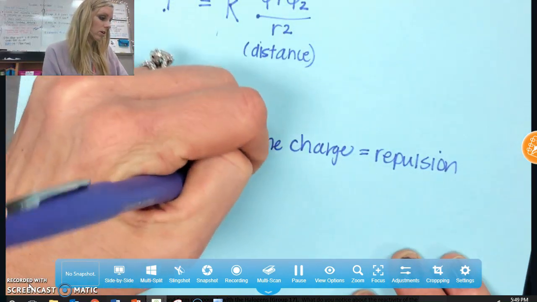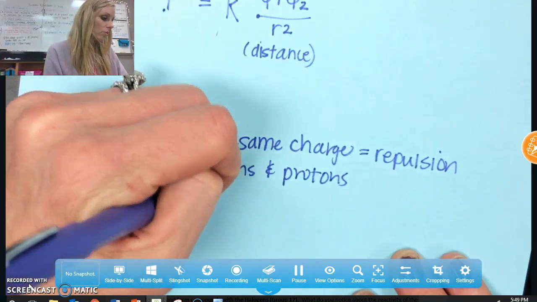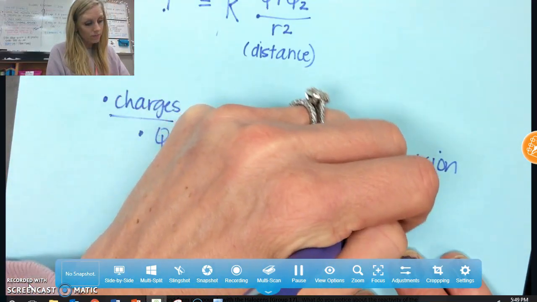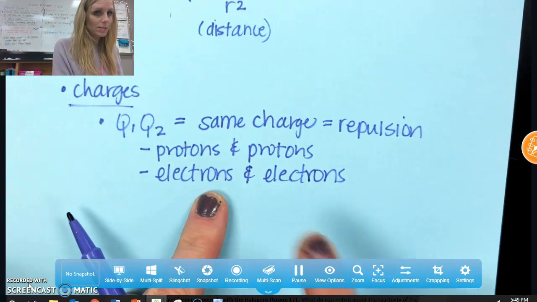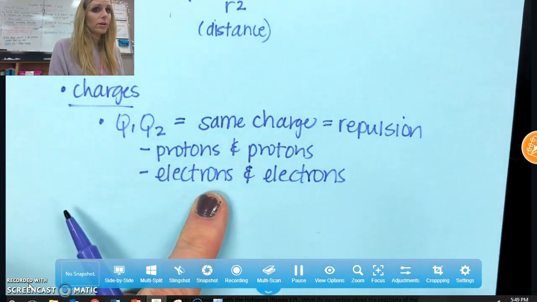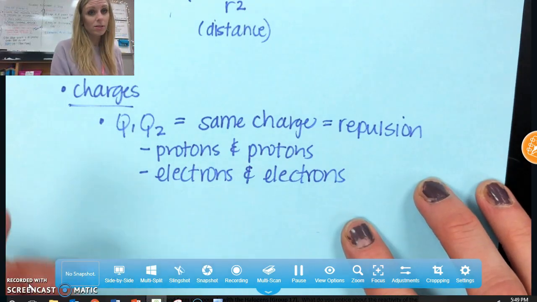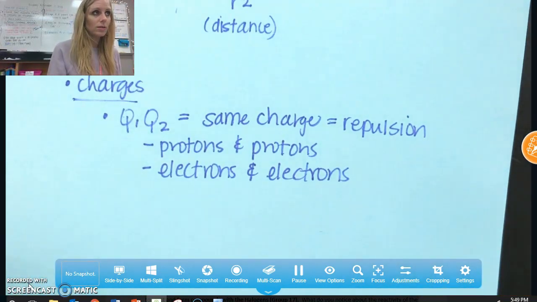So that's if you are talking about protons and protons, or electrons and electrons. And these two similarly charged particles, these electrons and electrons, is the reason for how electrons fill your atoms, like why we did all of those electron configurations in Unit 4. So they fill the orbitals and the sublevels and the energy levels to maximize their distance from each other. They don't want to be near each other. And we'll talk about it more in another unit as well when we do covalent bonding.